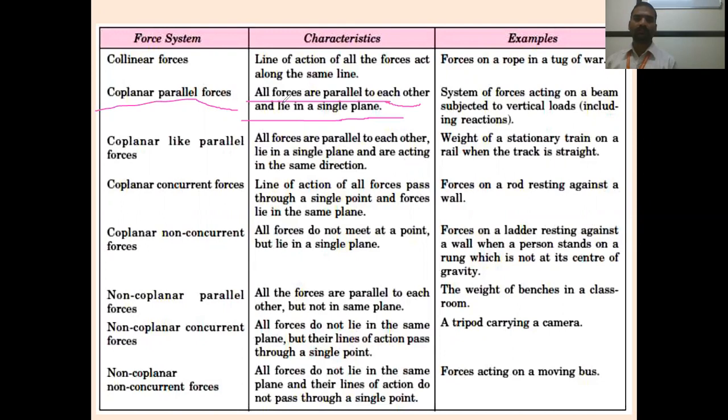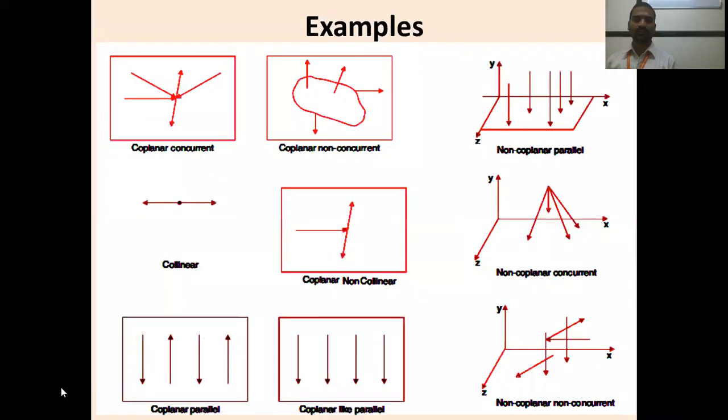So coplanar parallel means all the forces are parallel to each other and lying in the same single plane. It is called a coplanar parallel force system. This is the example. Whether it is like parallel or unlike parallel, you can differentiate depending on their moving direction.